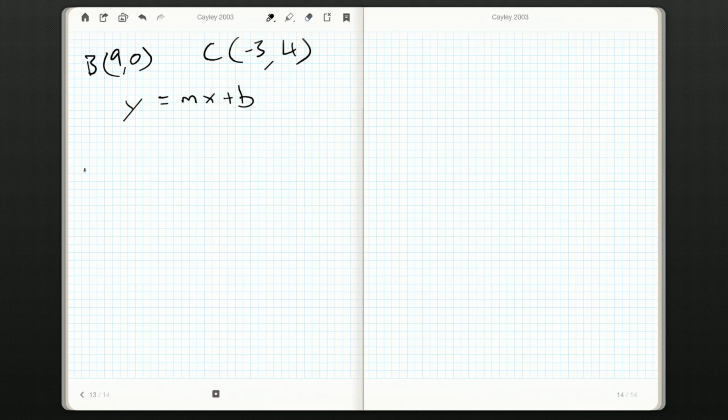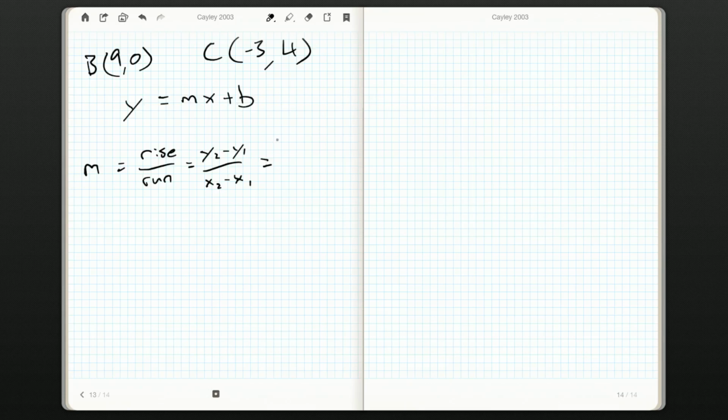Now we can figure out the slope with rise over run. This is the difference in the y-coordinates of 2 points on the line divided by the difference in the x-coordinates. Well, hey, I've got 2 points here. How about we go ahead and use them?